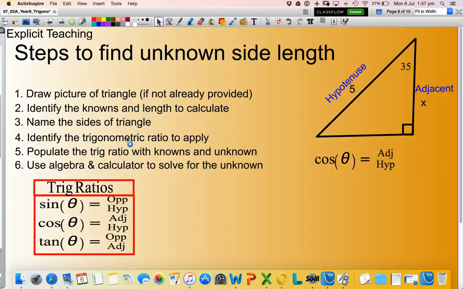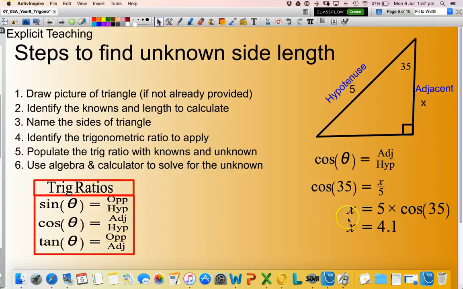So we know our trig ratio, and then I just populate the values of knowns and unknowns into that trig ratio. So, cos of 35, that's my angle, equals the length of my adjacent, which is x, divided by 5. Then I'll rearrange that equation and solve it using my calculator.